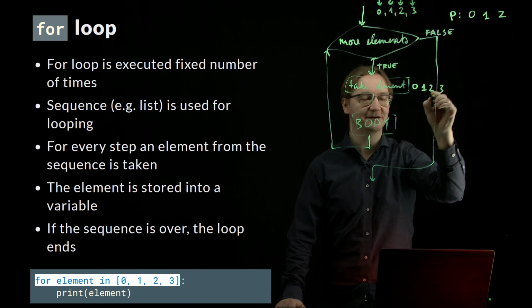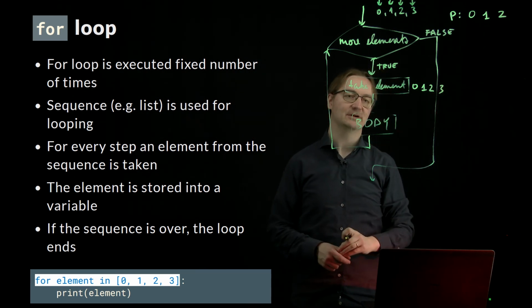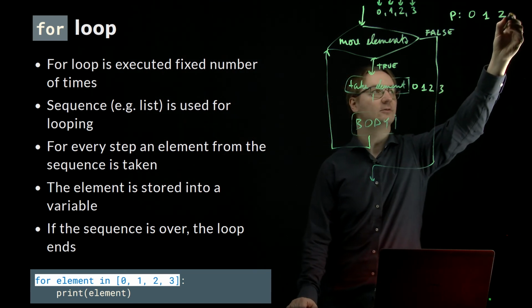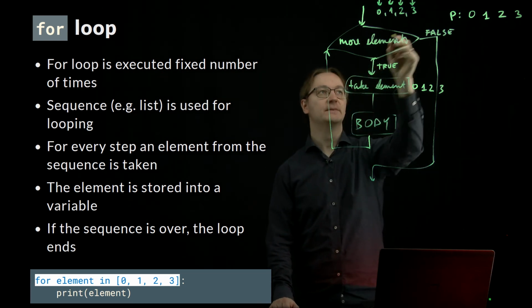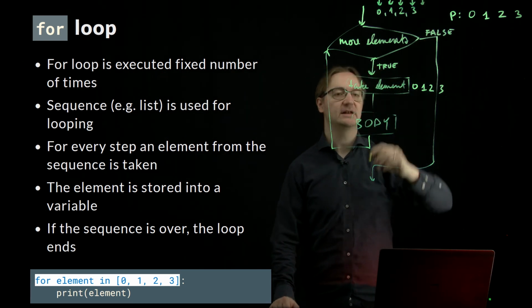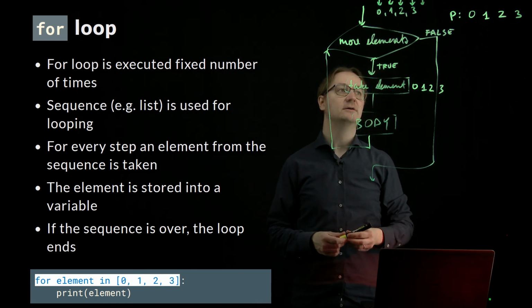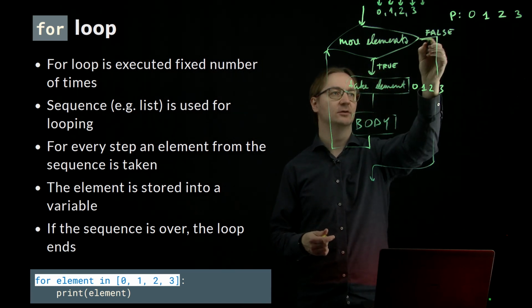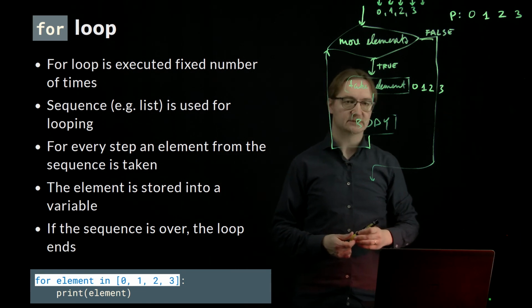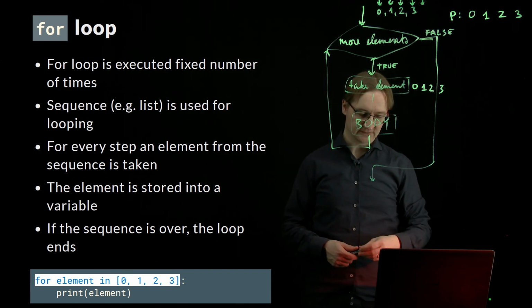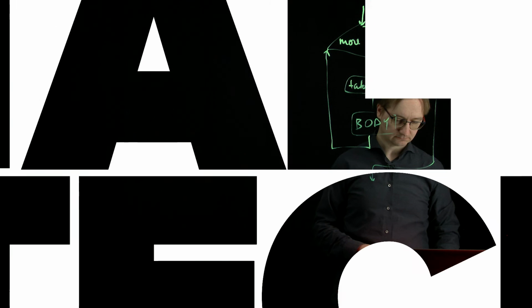We get it here, so the element value will become 3, and now we print it out. And we go here. Now it wants to take the next element, but because there are no more elements, we end the loop and we execute the code which comes after the loop.